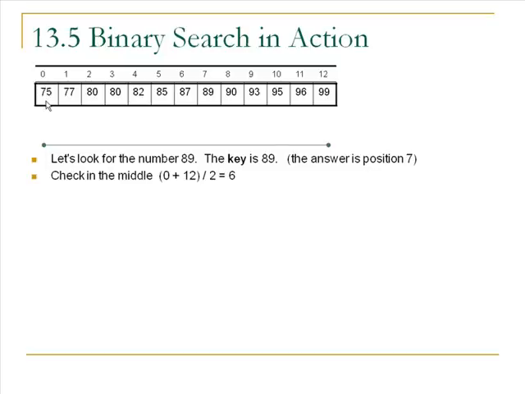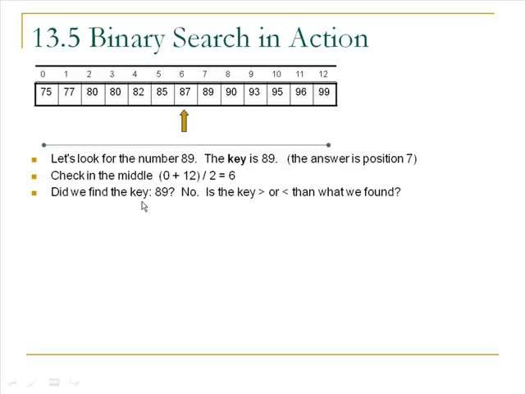So the lowest possible index is 0 and the highest possible index is 12. So the middle of that is 12 divided by 2 is 6. So let's look in the middle at array sub 6, and we find that array sub 6 is 87.